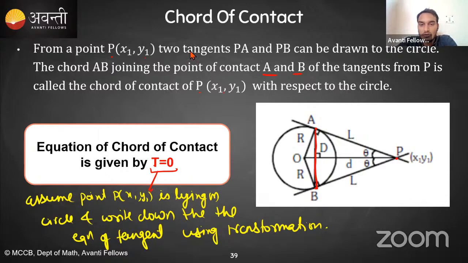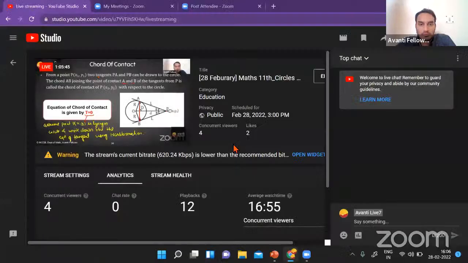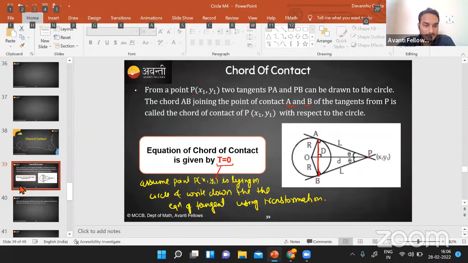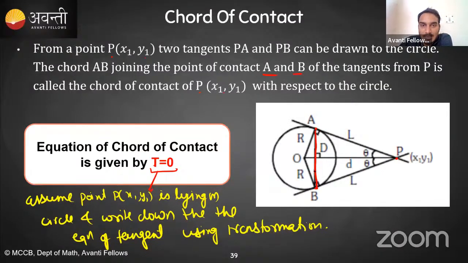Let's say from a point P you have drawn two tangents, and those two tangents touch our circle at points A and B. So the equation of a chord joining points A and B is given as T = 0.